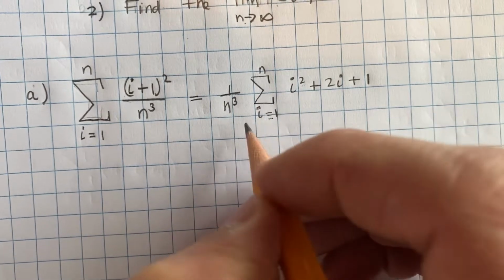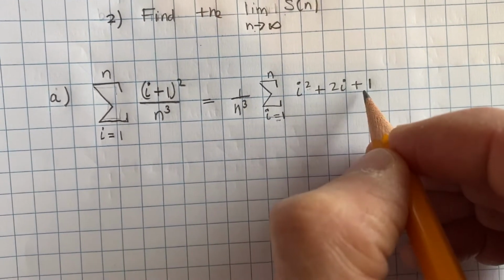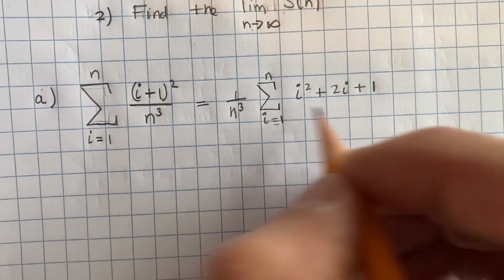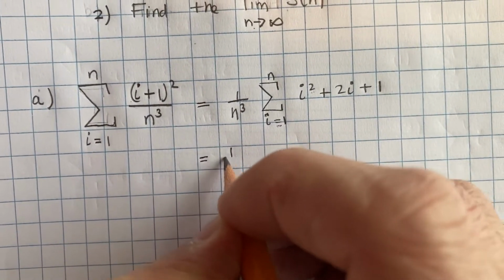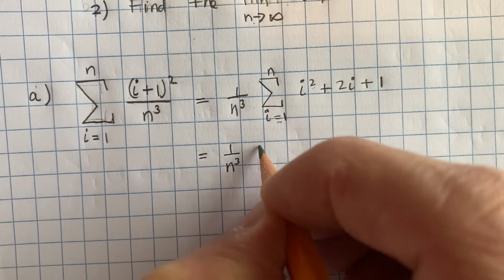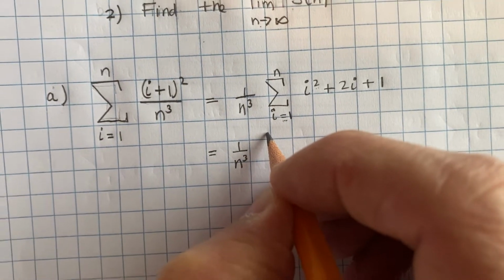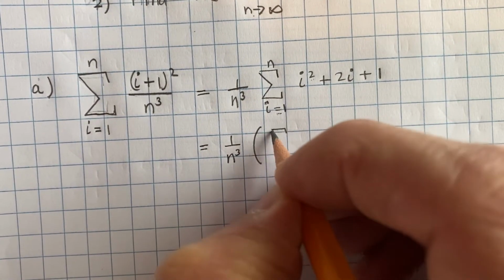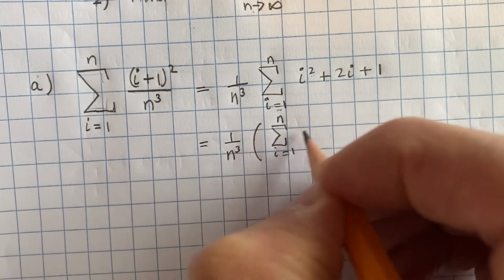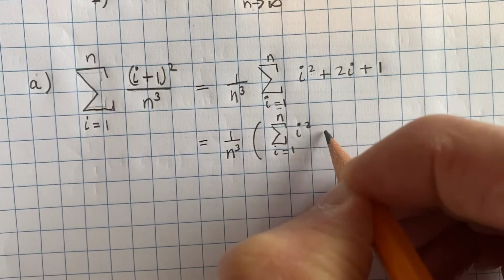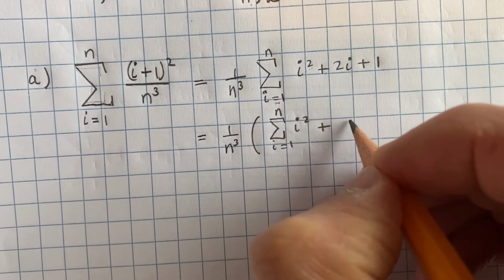Now you can take the individual sum of this, using your property number 2 for summation properties. So just be careful when you apply the algebra here. Draw the parentheses, from i equals 1 to n of i squared plus, now for this one right here, I'm going to move the 2 on the outside.